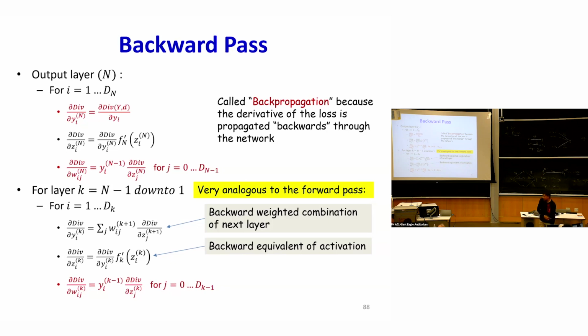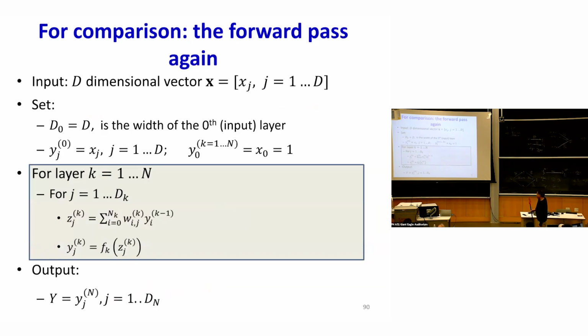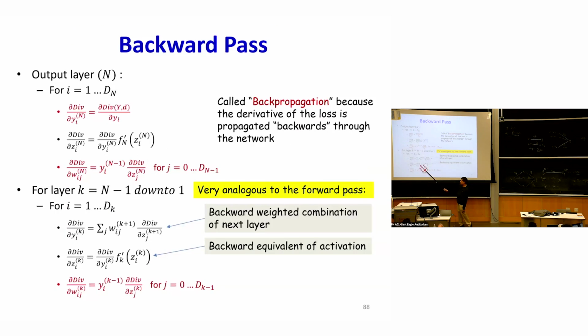So this is what the forward pass looked like. At each point, we computed a weighted sum of the outputs of the previous layer and then applied an activation to it. That's exactly what we are doing here, except we are doing this going backwards, using exactly the same weights. We are computing a weighted sum of the derivatives at the next level of the network.